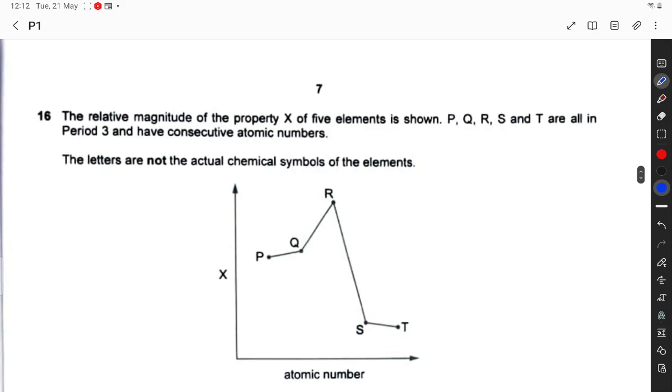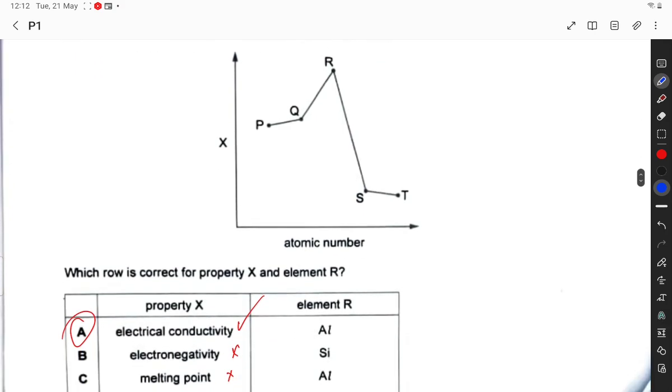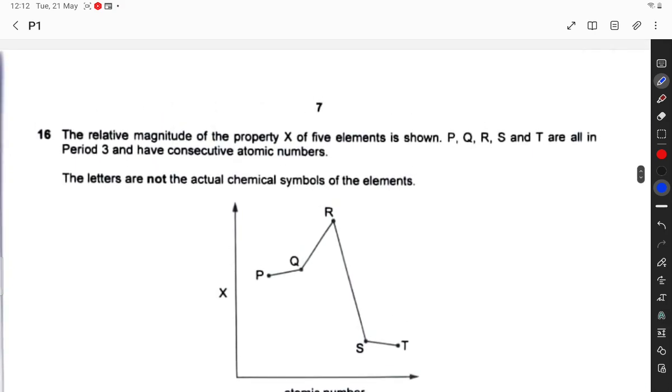The relative magnitude of the property X of 5 elements is shown. P, Q, R, S and T are all in period 3 and have consecutive atomic numbers. The letters are not the actual chemical symbols of the elements.